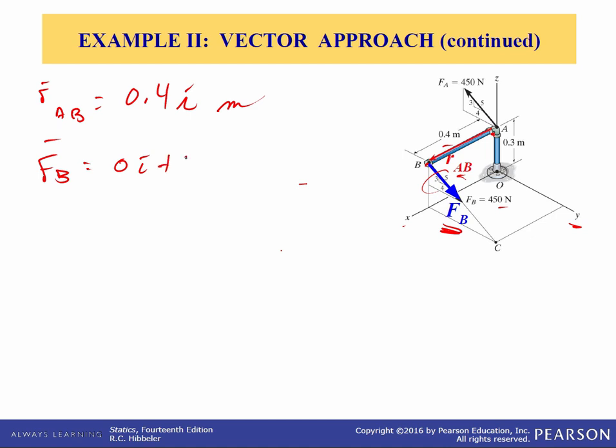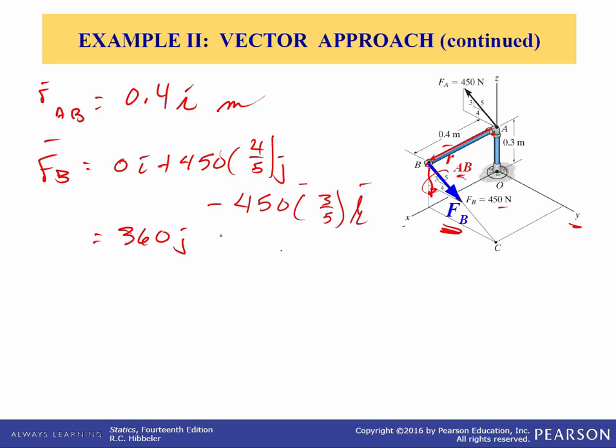So it'll be plus 450 times 4/5 in the j direction. In the z direction, it's pointing down, the negative direction, so that means it's minus 450 times 3/5 in the k direction. When you do that algebra, it comes out to be 360 j minus 270 k.